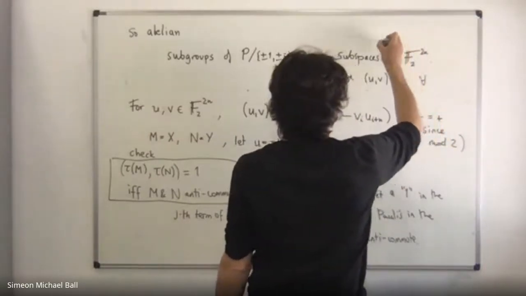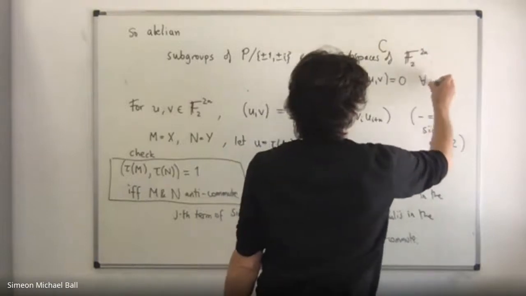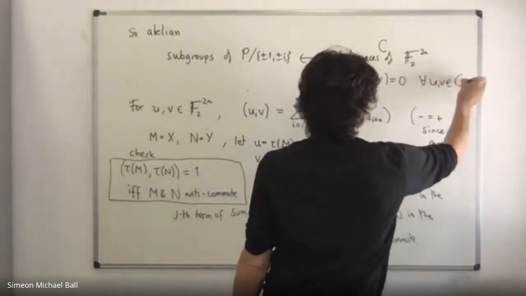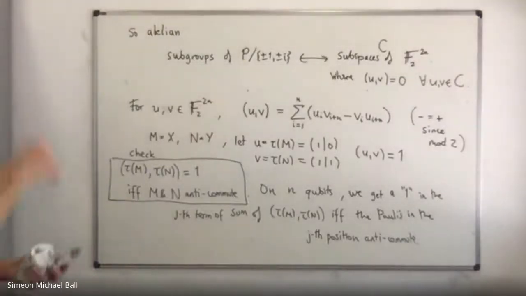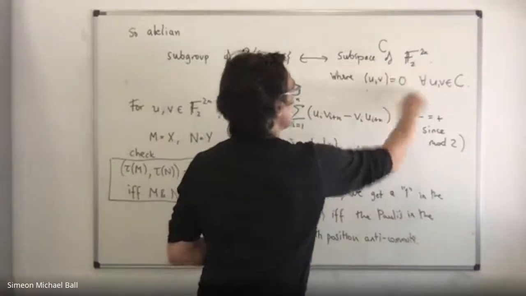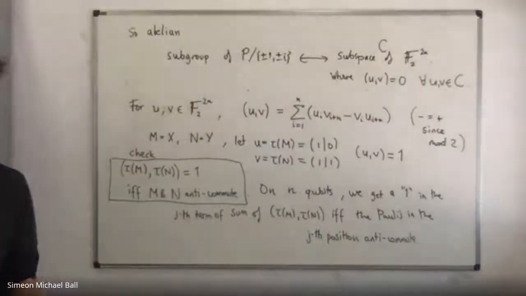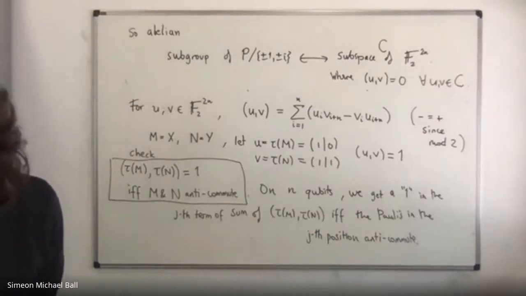We usually call these subspaces C because they're columns. So an abelian subgroup corresponds to a subspace C of F2 where the inner product of u and v is equal to 0 for all u and v in C. Brilliant.